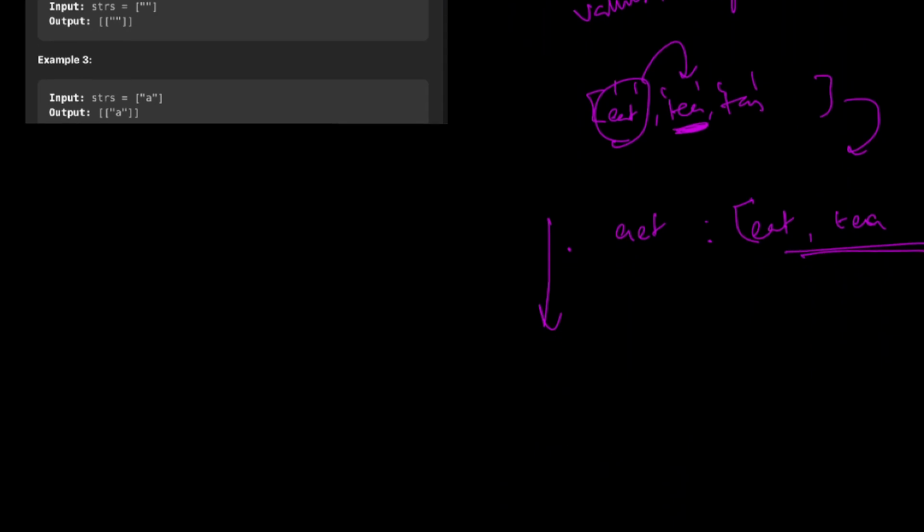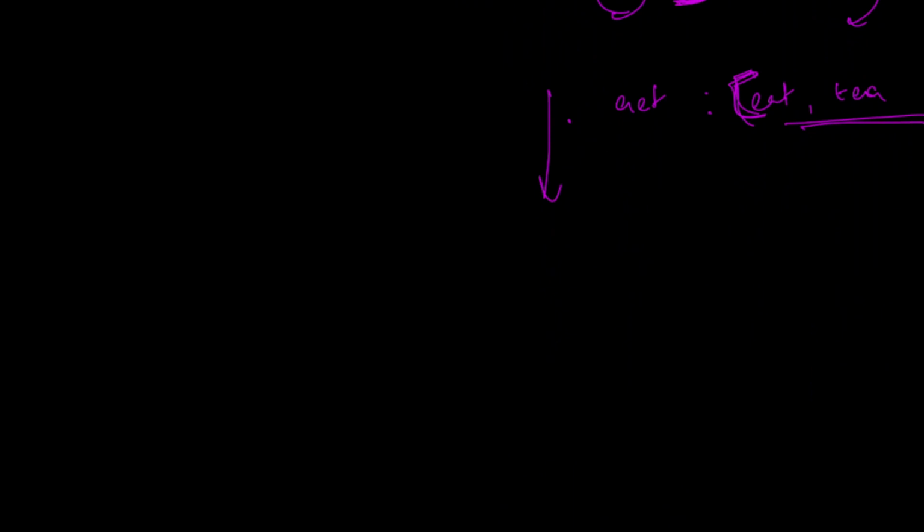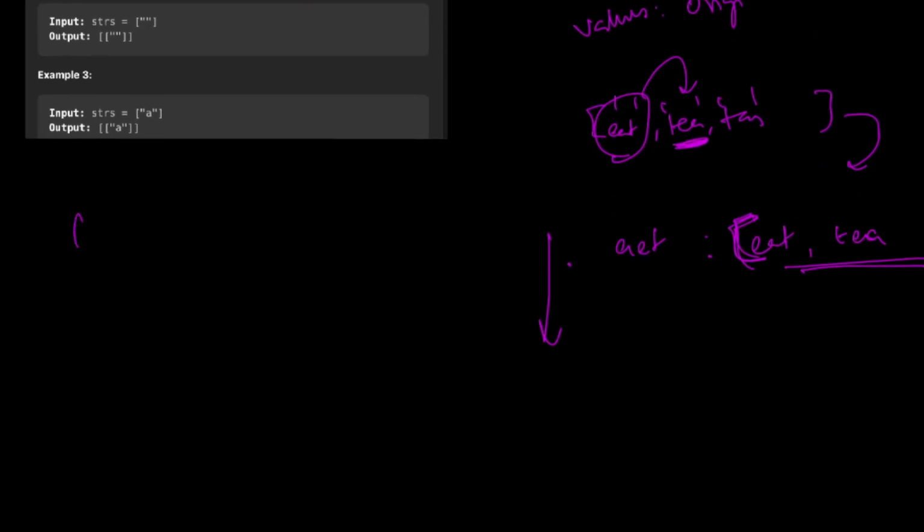The way I can store all of these multiple values is by using a list in Python. Let me show you the pseudocode. I'll iterate through the input string array. I'll sort the input string and call it SS.